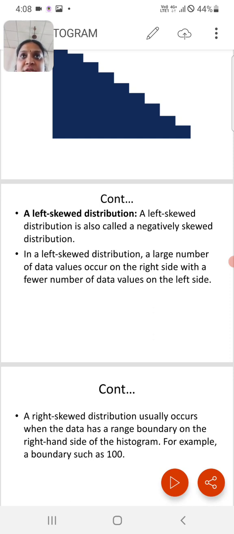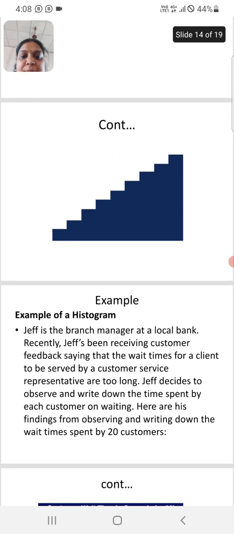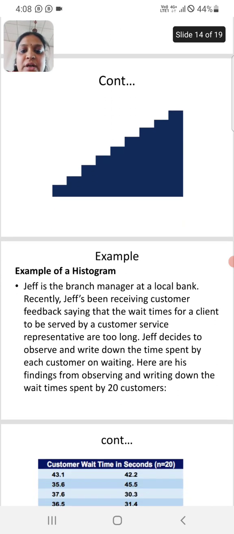The opposite will happen with left skewed: if it is left skewed, the data will be large on the right side, and if it is right skewed, the data will be more on the left side. So this diagram represents left skewed and right skewed.